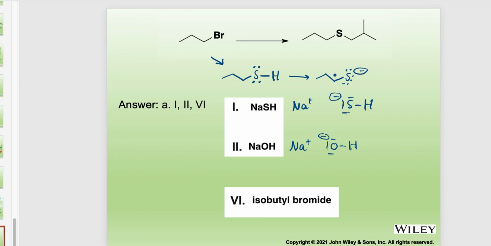There we have this. And now all we need to do is figure out what's the electrophile to introduce this. So basically you need an X. So that would be your isobutyl bromide. So that is what gets you there. You could use iodide as well.